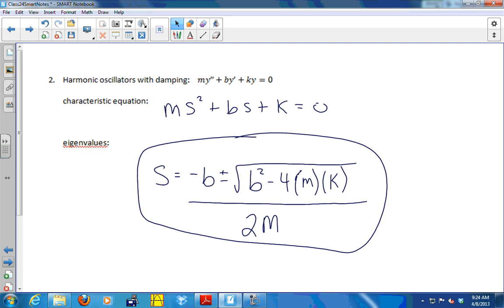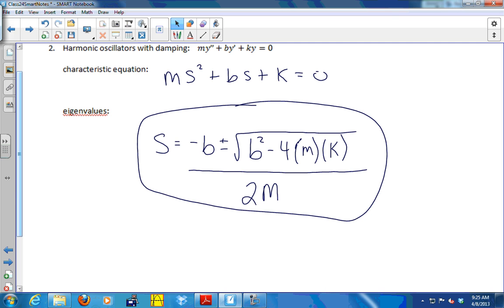Everybody got me so far? Because all of the constants are positive, when I take b squared and subtract some positive amount, I get something less than b squared. And when you take the square root of something less than b squared, you'll get something less than b. So I have negative b plus some amount that's less than b.